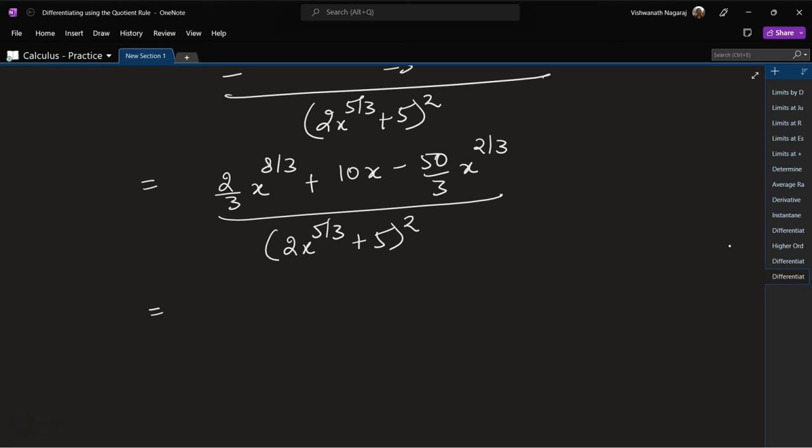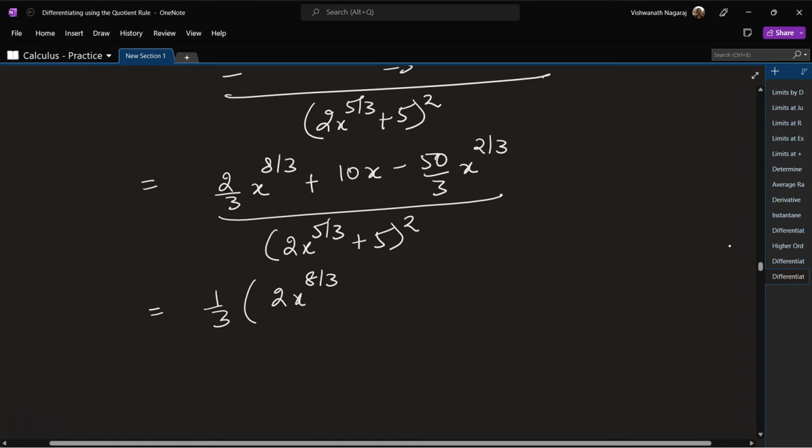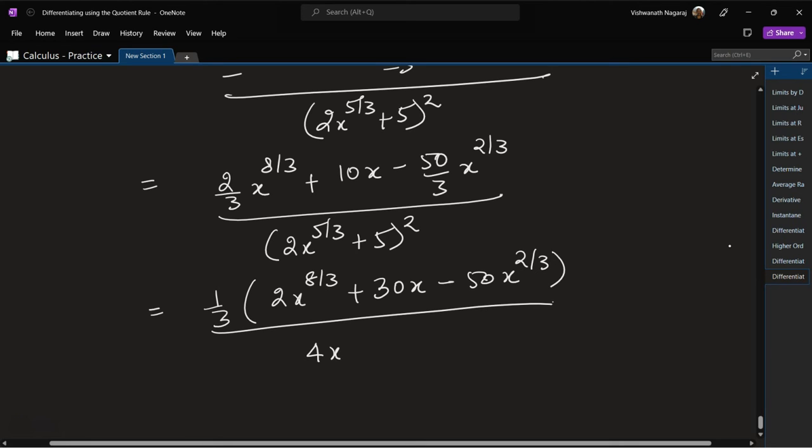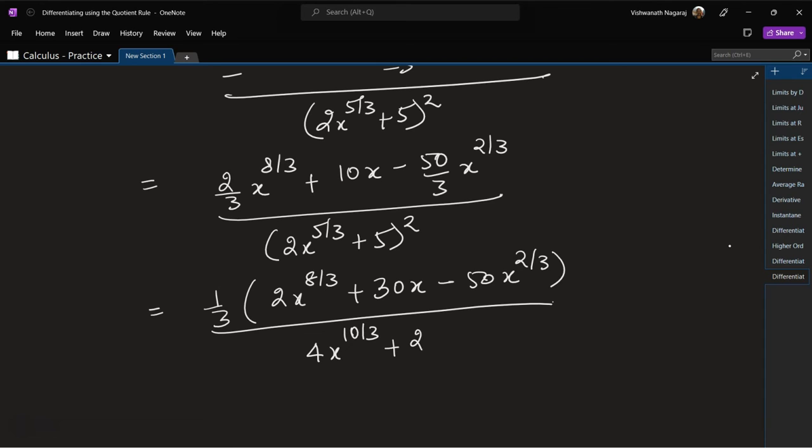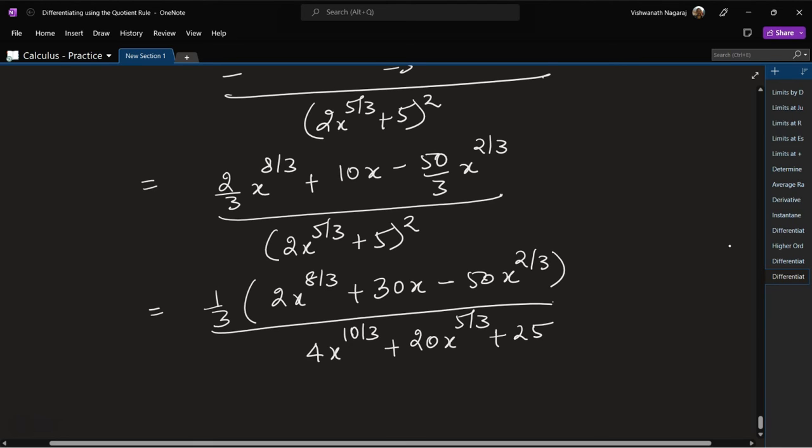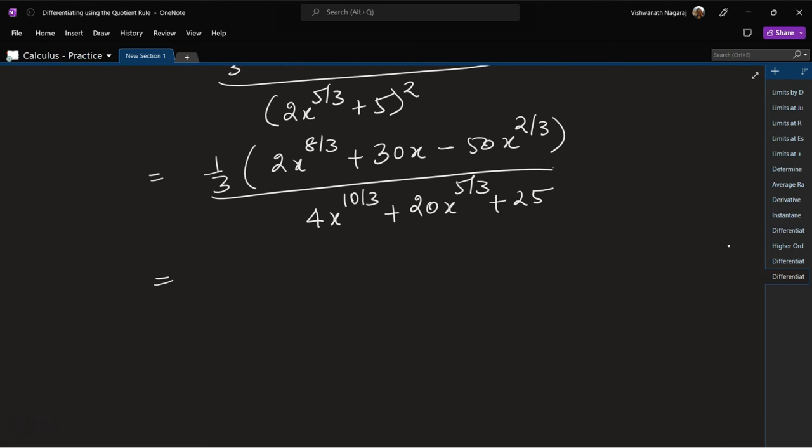the 3 in the denominator, we have to take it out. So what we'll do is 1 by 3 times (2x to the power of 8 by 3 plus 30x minus 50x to the power of 2 by 3), divided by 4x to the power of 10 by 3 plus 2 times 2 times 5, 20x to the power of 5 by 3 plus 25, and this 1 by 3 will come down and get multiplied with this.